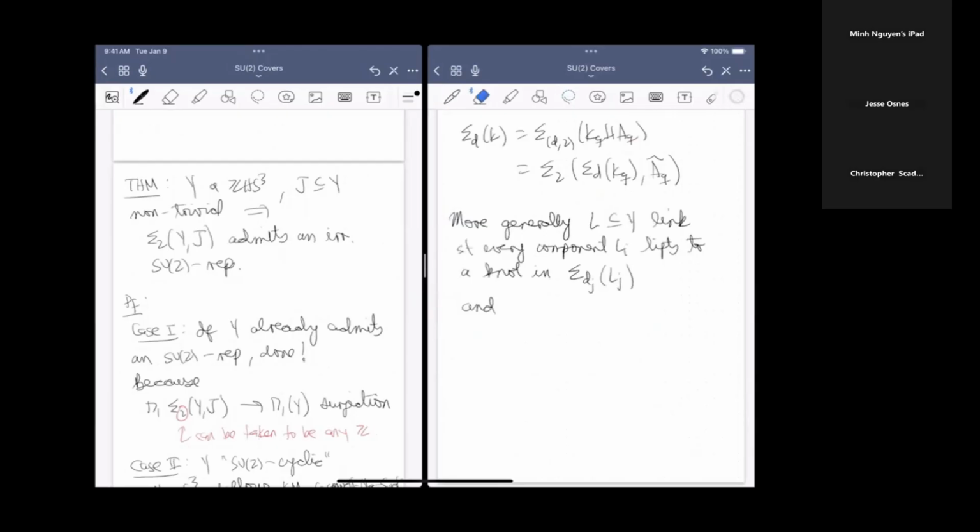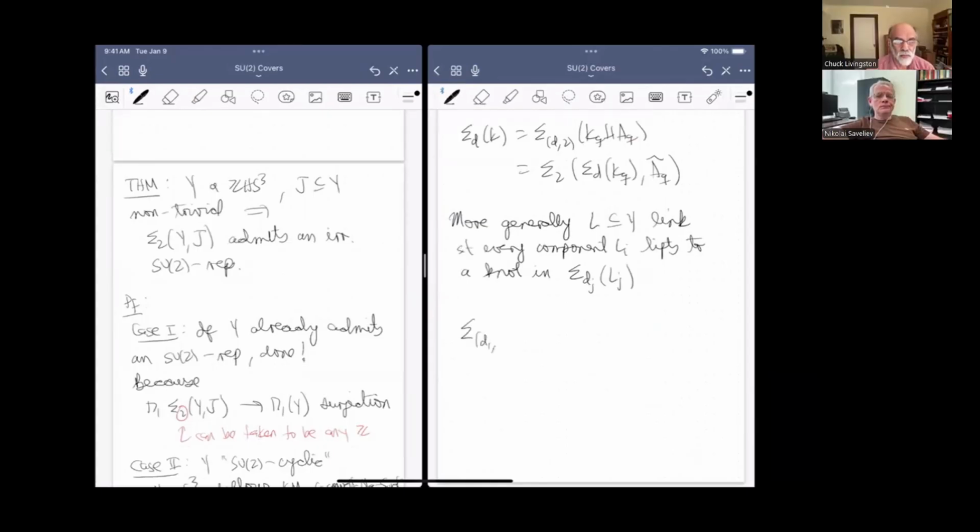I should have said, if I want to look at the d_i cover of each one of the components, I want to consider my link L and consider only the branch cover related to taking any curve in the complement of the link and looking at the linking number mod d_i between this curve and the ith component.